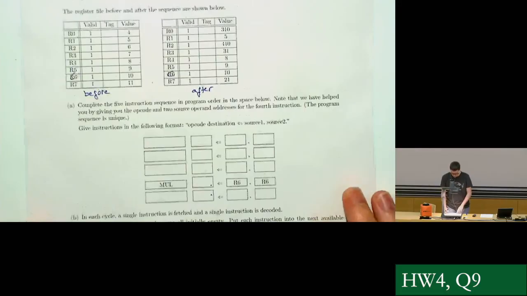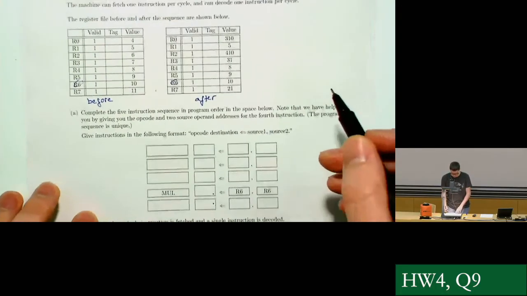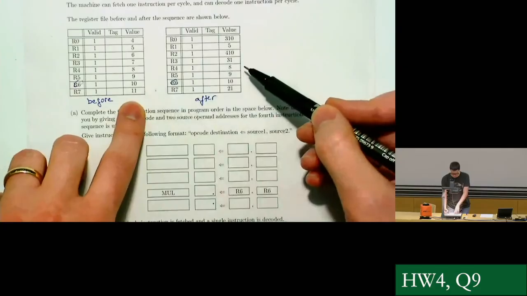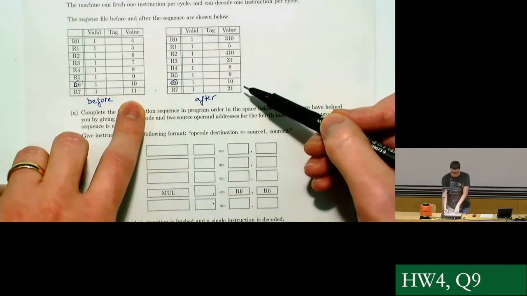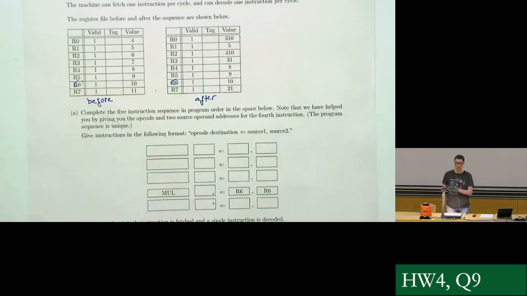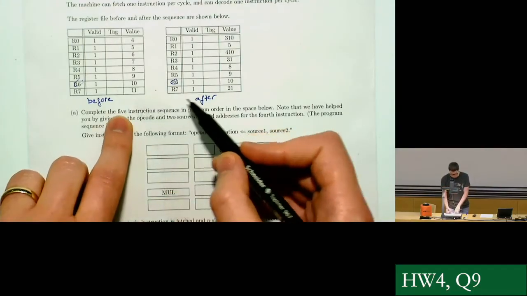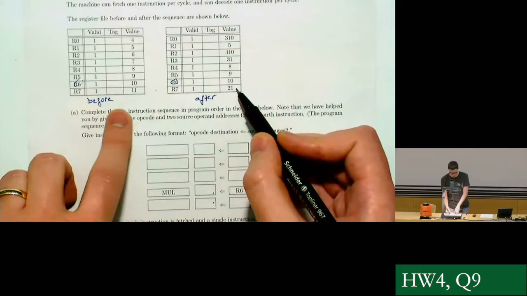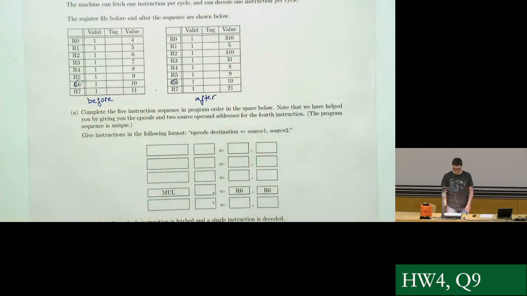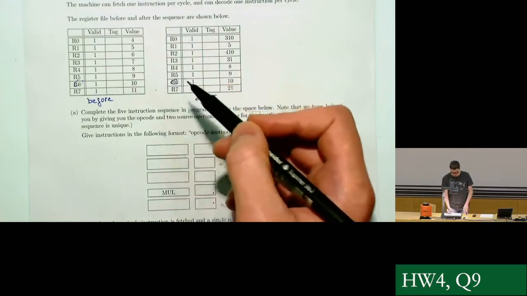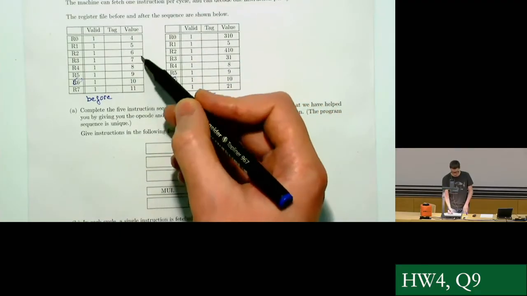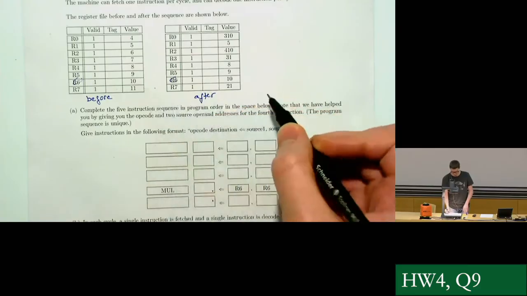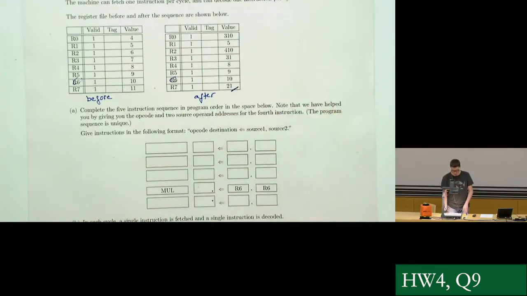Okay, so let's start one by one. So if you look at those given values and the final values we get, your approach here should be trying to reconstruct the final values using the values that we have initially. So for example, we can see that R7 is updated, right? It is 21 here, it was 11 here. So we can look for values in the initial version of the register file to calculate this value of 21.